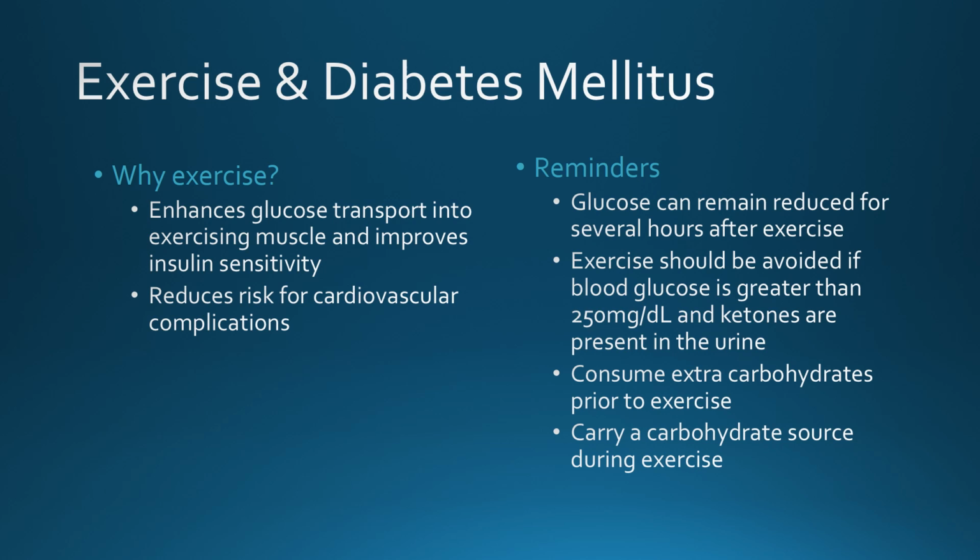We encourage patients to avoid exercise if their blood glucose is elevated, greater than 250, or if ketones are present in the urine. If an individual tries exercising when these are present, that tells us the body could be in that starvation mode, and it could cause some pretty detrimental effects on the body if they try to exercise with that going on.